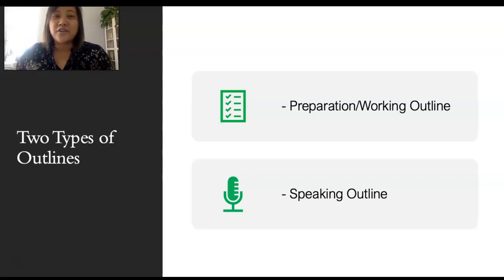I cannot highlight the importance of this connection enough. Because when we do public speaking, basically what we are trying to do is communicate with our audience, right? So do not, I repeat, do not have full sentences in your speaking outline. Have your full sentences in your preparation or working outline.